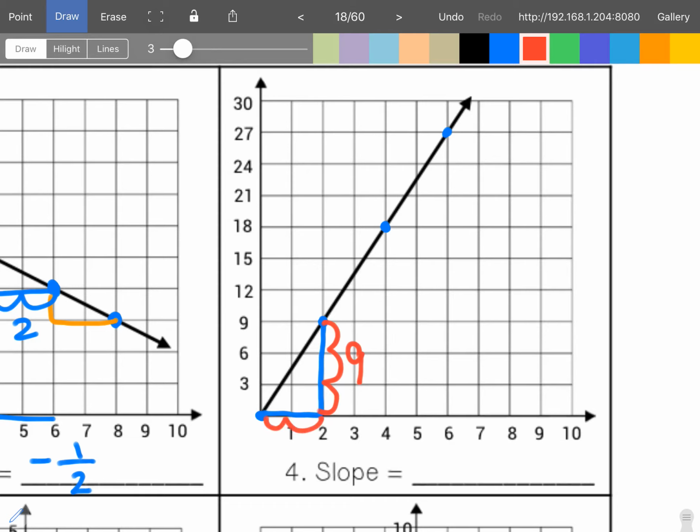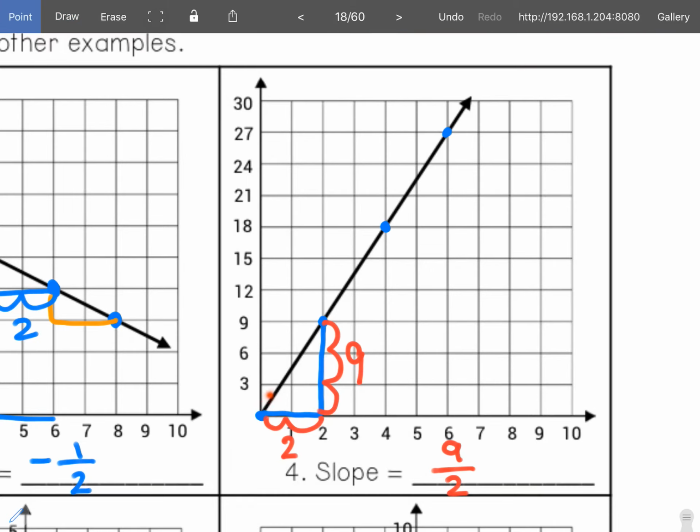And then on the bottom, these are counting just by 1s. So that would be 2 for the run. So the rise is 9 over the run, which is 2. Remember, it's rise over run. And then you look and see, is this line positive or is it negative? It's positive, so it's positive 9 over 2.